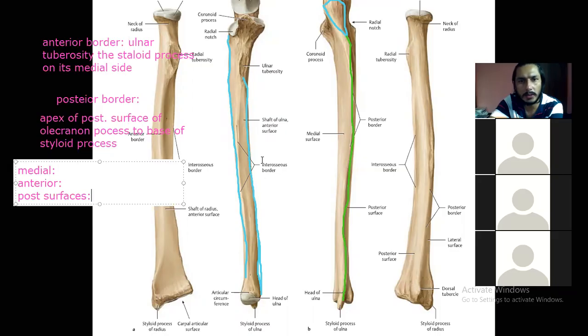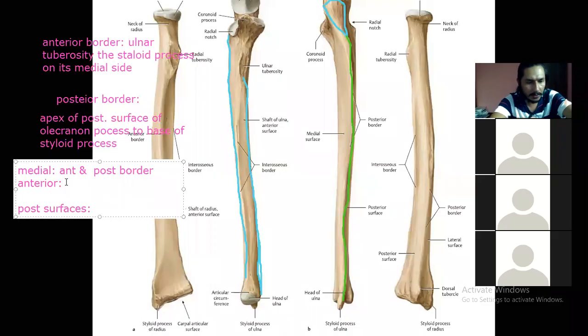So in between these two borders will be the medial surface, just in the middle between the anterior and posterior border. So that is the medial surface.